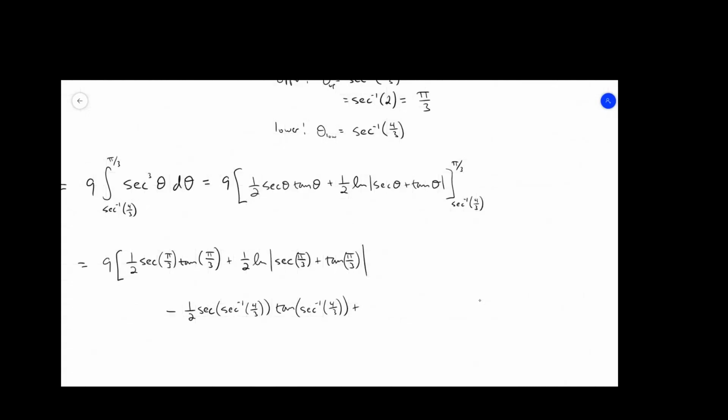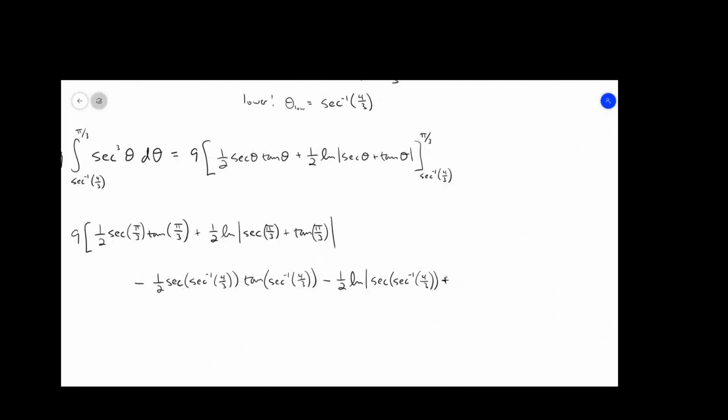Plus, actually that's going to be minus, isn't it? With the subtraction. Minus 1/2 ln secant inverse secant 4/3, minus, or sorry, plus tangent of the inverse secant of 4/3.